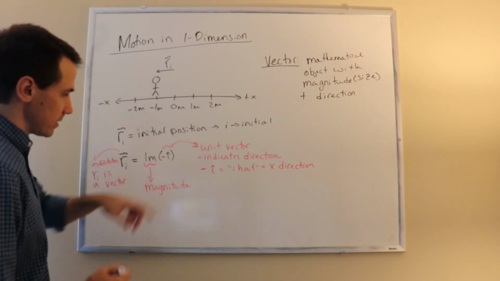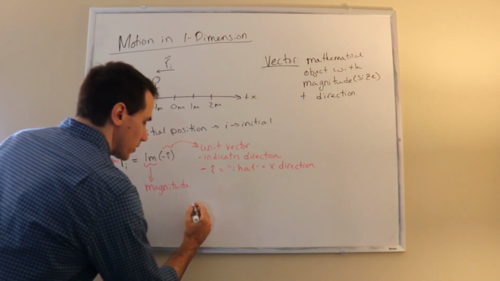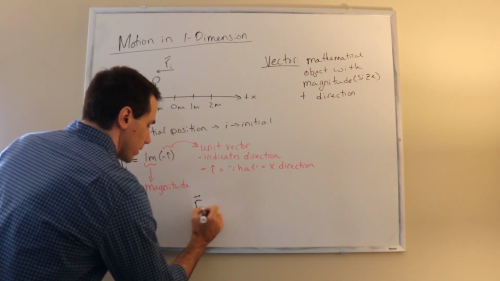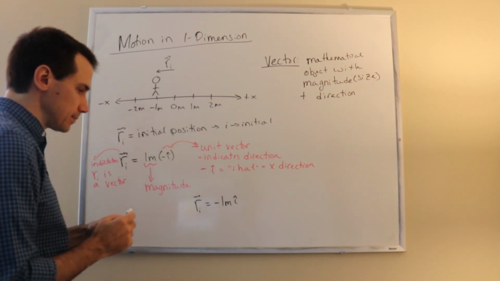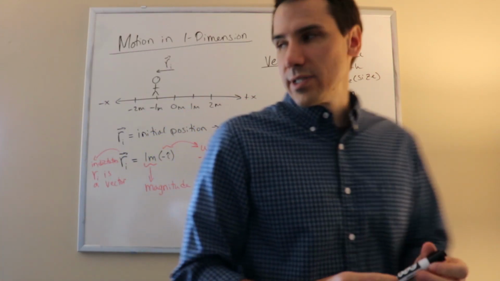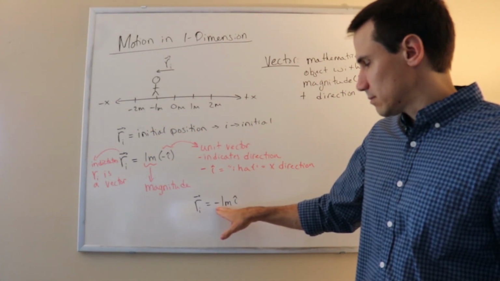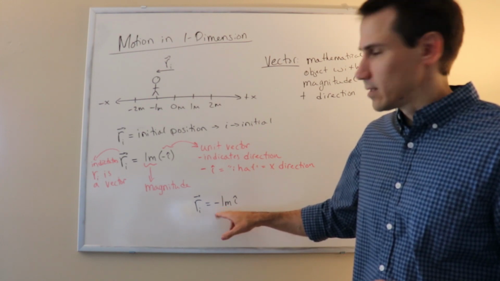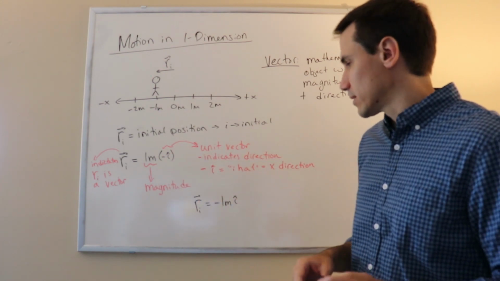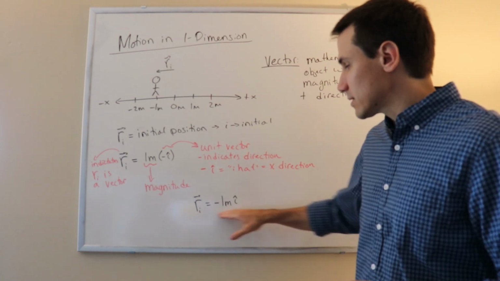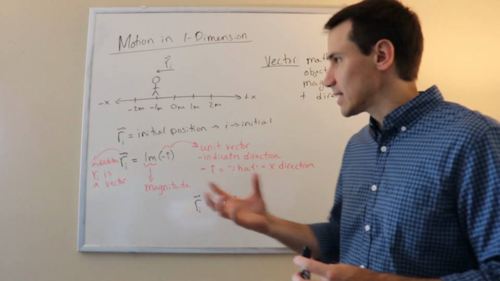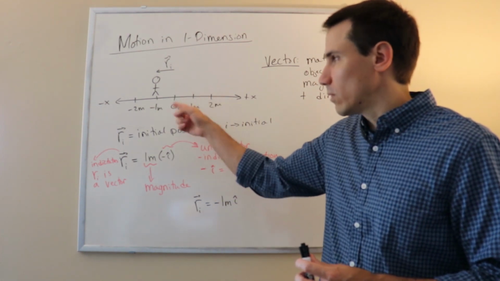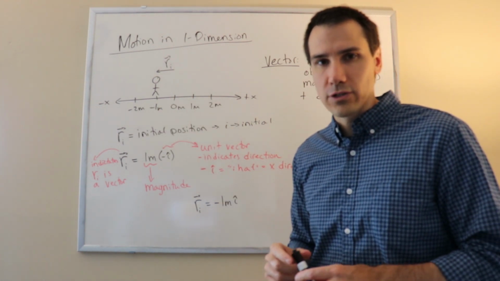Instead of keeping the minus sign with the i hat, I will normally write r initial is -1 meter i hat. It's just a cleaner way of writing it, to not have the minus sign stuck in there with the i hat. But this and this mean exactly the same thing. To get to my initial position, I had to walk 1 meter in the negative x direction.